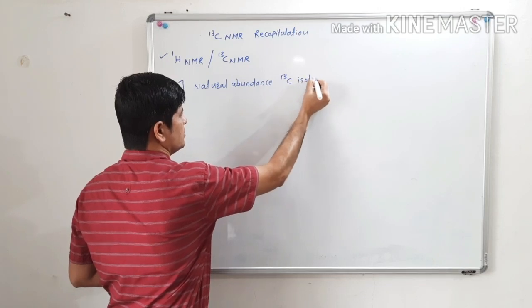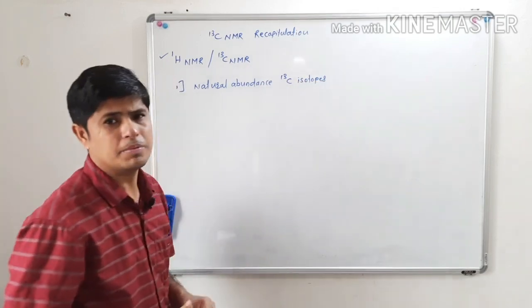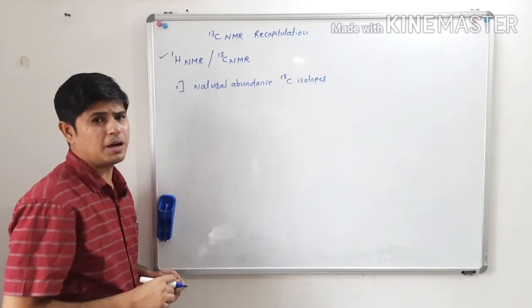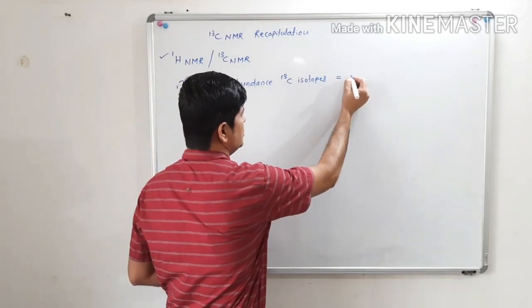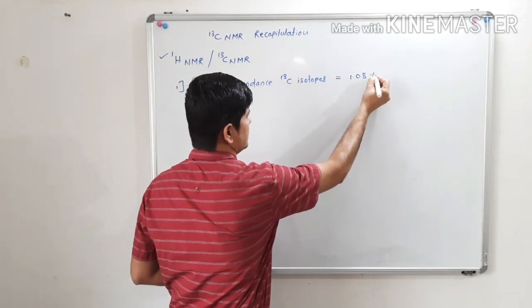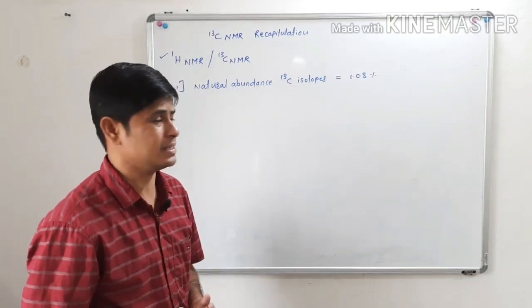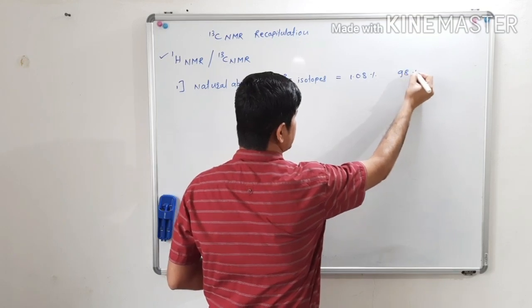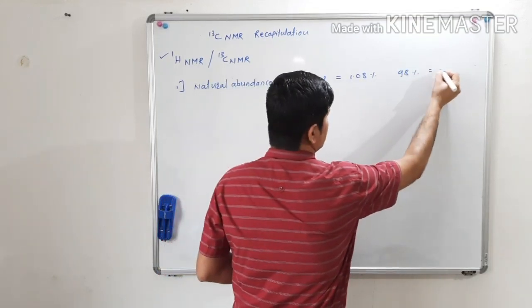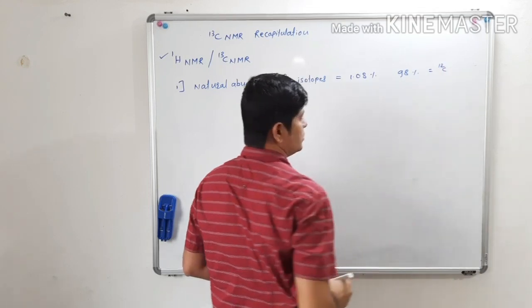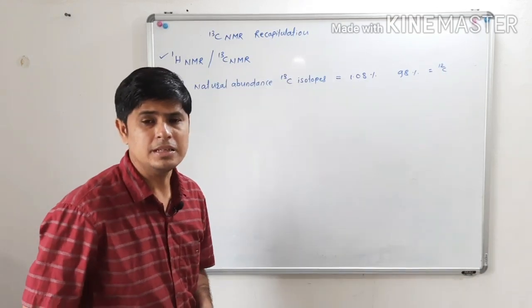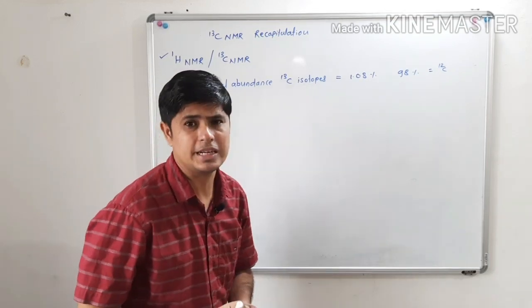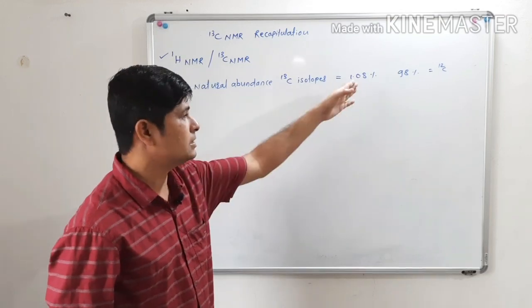The natural abundance of carbon 13 isotope is only around 1.08%, and there is around 98% carbon 12 isotope.